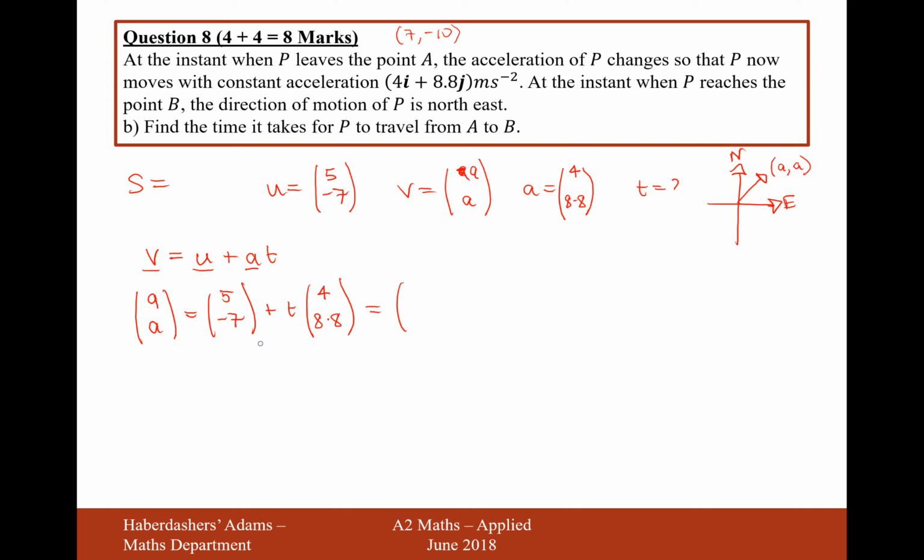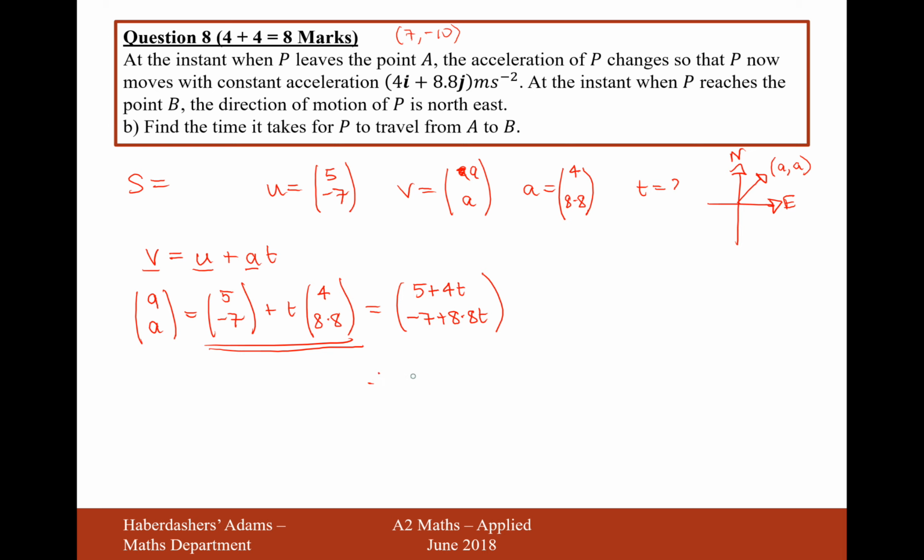So let's now expand this right-hand side. That's going to be 5 plus 4t, and the j component is going to be minus 7 plus 8.8t. Now, if it's travelling in the northeast direction, then we need to find the time at which the east component is equal to the north component.